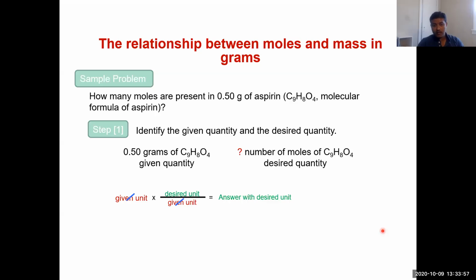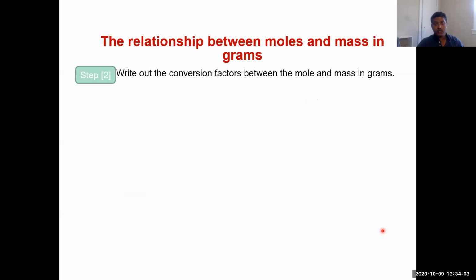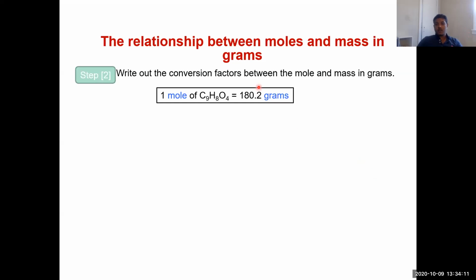So this is the plan. You can set up the equation now if you know how to do it, but I'm just going to walk you through slowly. This is the equality that we are going to use. And that equality always changes, because in this case it is aspirin, in some other case it may be water, or copper, or sugar, right?